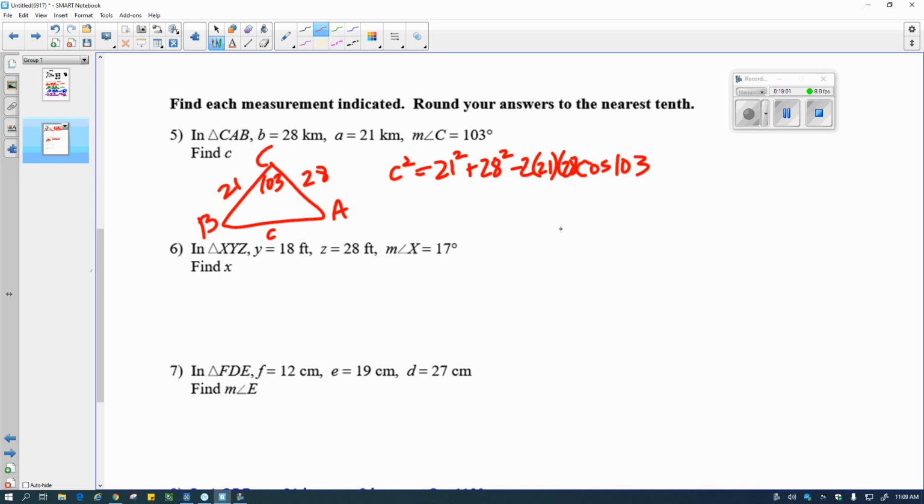those two numbers. I'm going to erase that and rewrite it so I get it in better. So 21 times 28 times the cosine of the 103. I highly recommend, once you get it set up, like I said, it's a more complicated equation, but once you get it set up, just plug it all in your calculator.